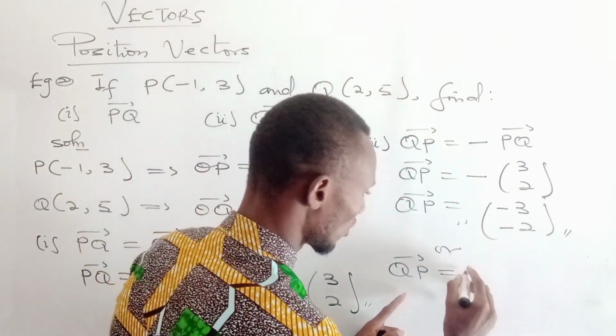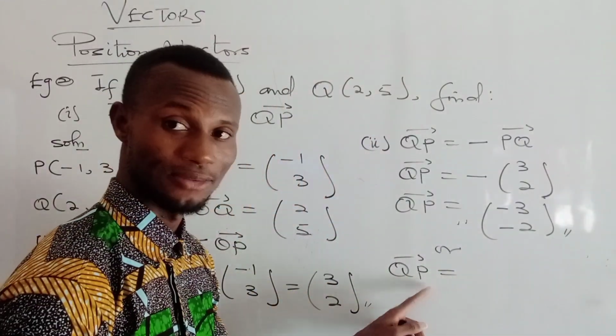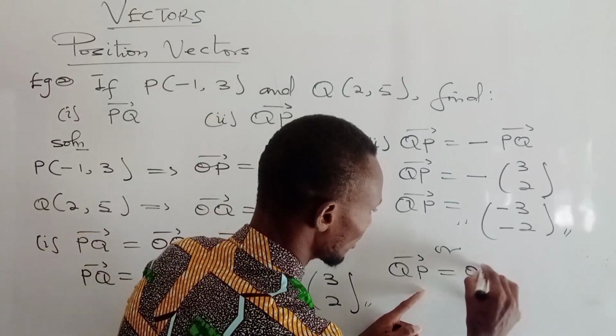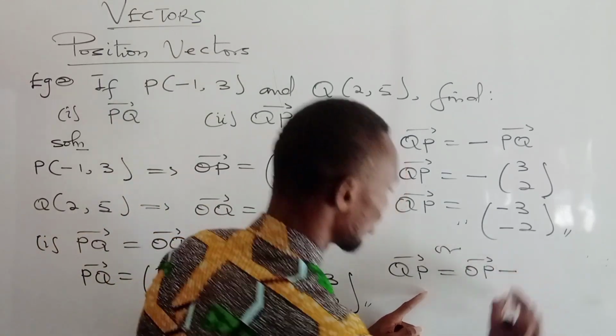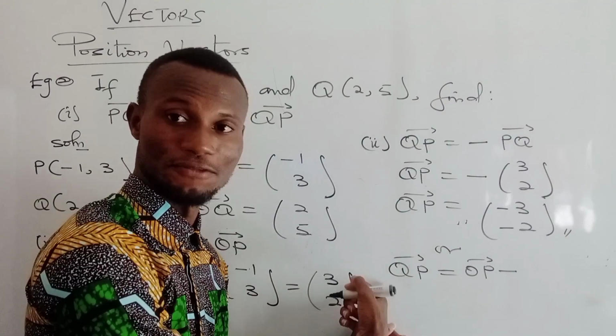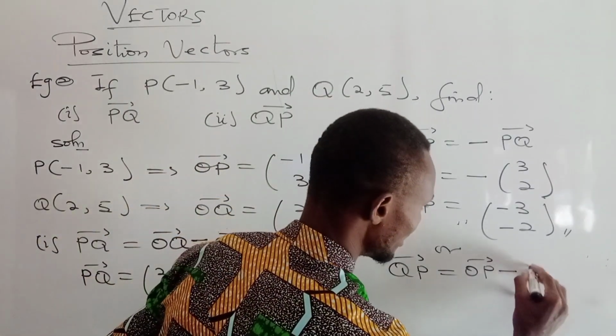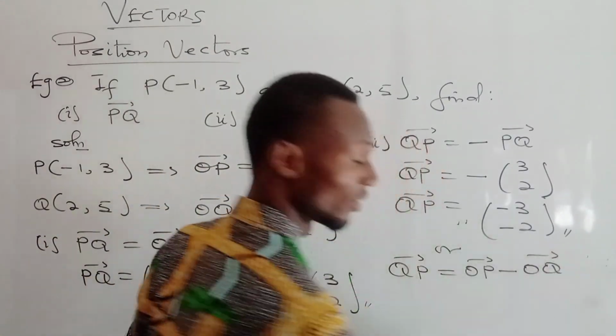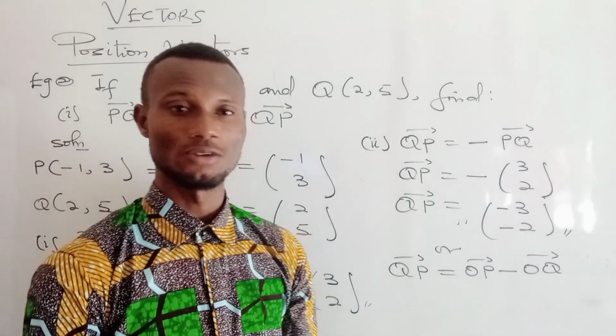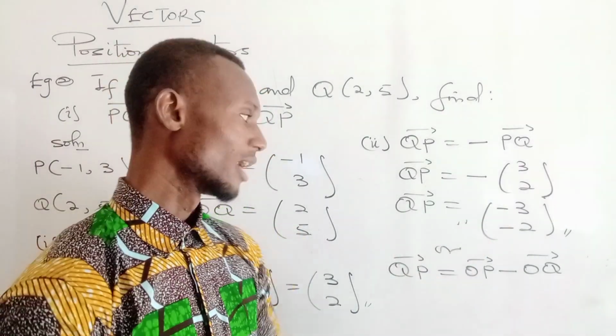So QP will be equal to the position vector of the last letter, which is P, that is OP, minus the position vector of the first letter, which is Q, that is OQ. Then you input your values and solve. You still get the same answer.